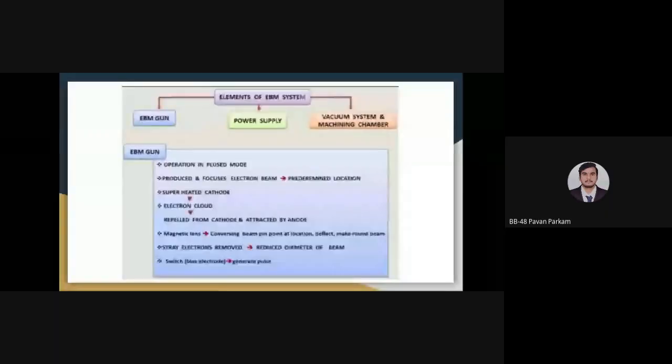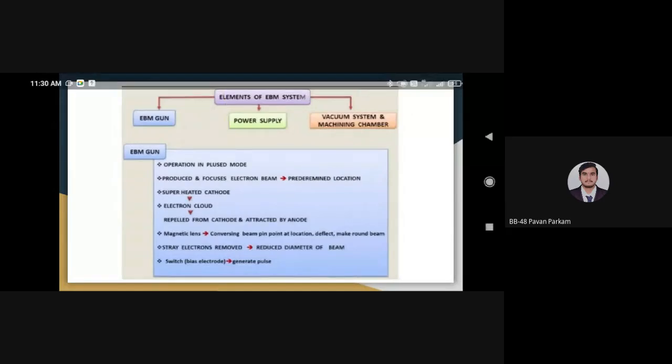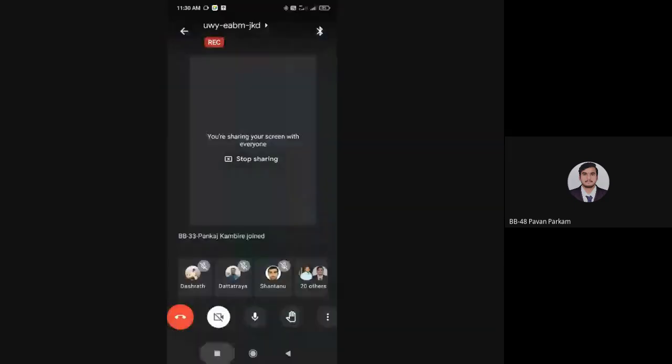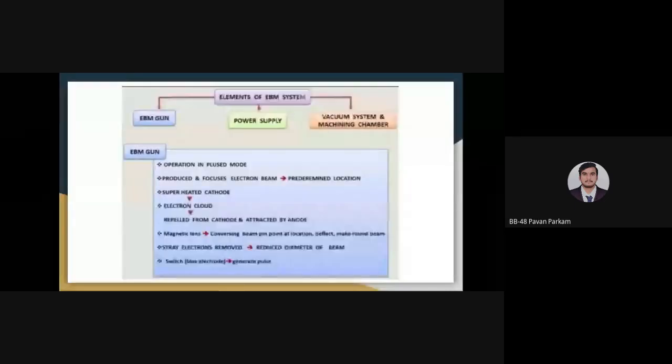Because of this heating of the cathode, electron clouds are generated surrounding your cathode. These are negative charges, expelled from the cathode by repulsion, and attracted by the anode because it is opposite charge.